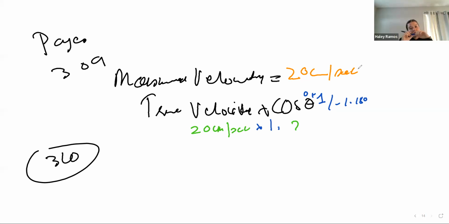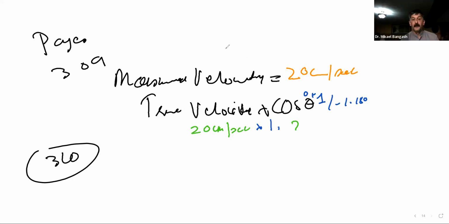Would it ever be a negative value, because like 180 degrees is a negative? Or would you always multiply it by one? Of course, it can be a negative value, because we ended up having a negative Doppler shift.